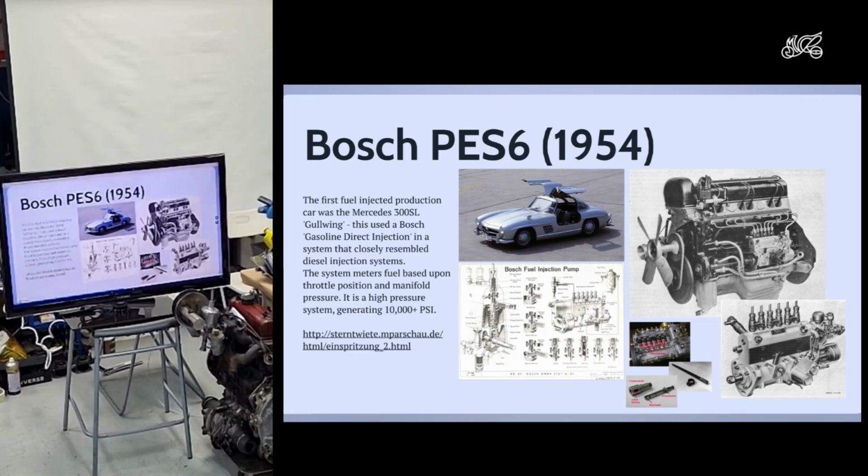It was a success, but it had a reputation for being noisy because of these pulses of 10,000 psi fuel. This engine, there was a lot of rattling noise. A diesel engine has got a very characteristic noise, right? And a lot of that noise is the injection system.